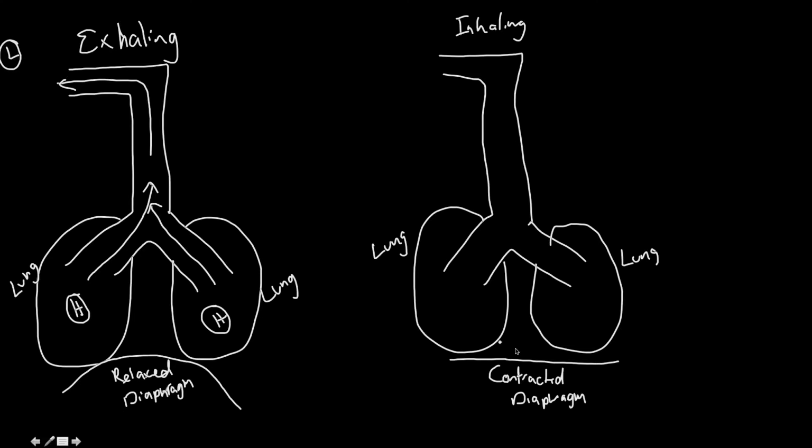And when the diaphragm is contracted like this, it causes low pressure on the inside of the lungs. There's higher pressure on the outside of the body, so the air molecules want to move inward. So the air moves inward into the lungs, causing you to breathe in, or inhale.